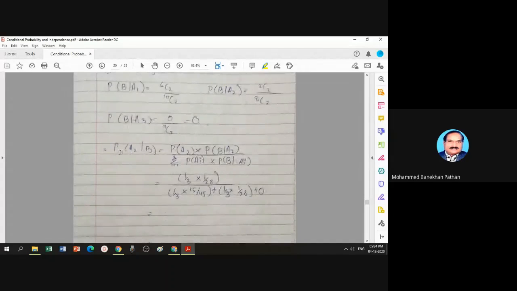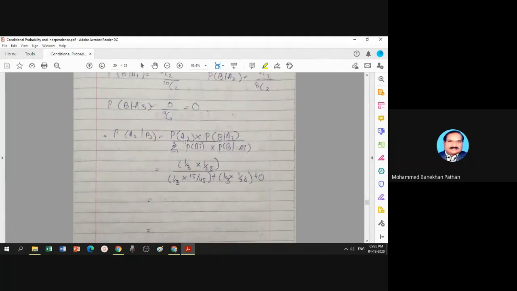I want to find the probability of selecting the second partition by using knowledge of B. Bayes theorem says chance of selecting second partition multiplied by chance of selecting blue from second partition, divided by the addition over all 3 possible partitions.